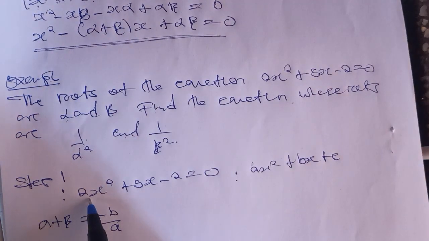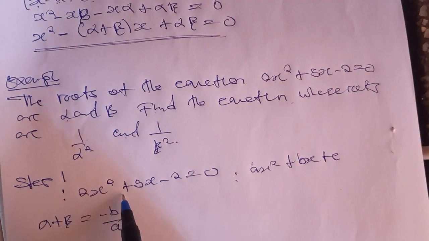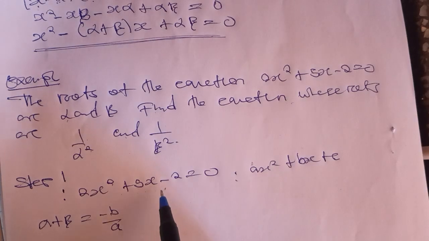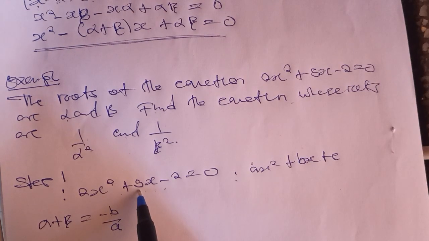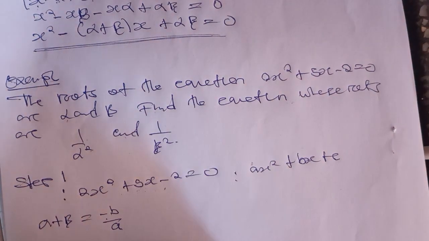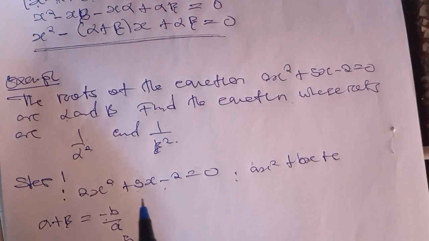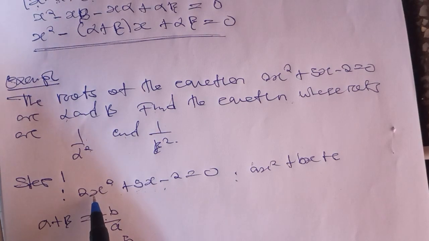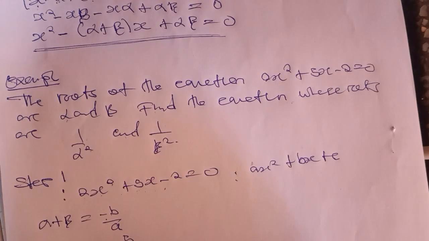So in this equation, 2x squared plus 5x minus 2, the b should be equal to the coefficient of x, which is 5. Now there's a negative there, so it means negative 5 over the value of a, which is the coefficient of the x squared, which is 2. So that is our solution.